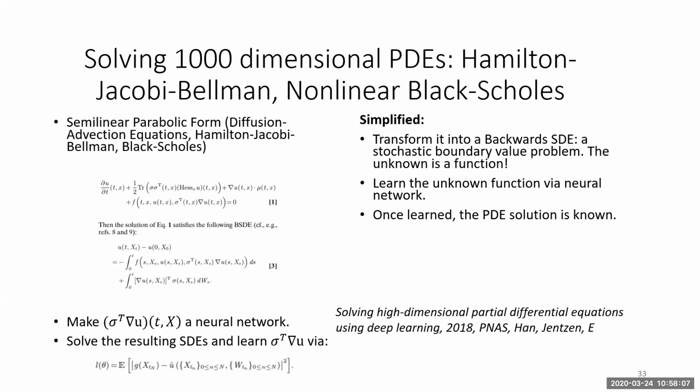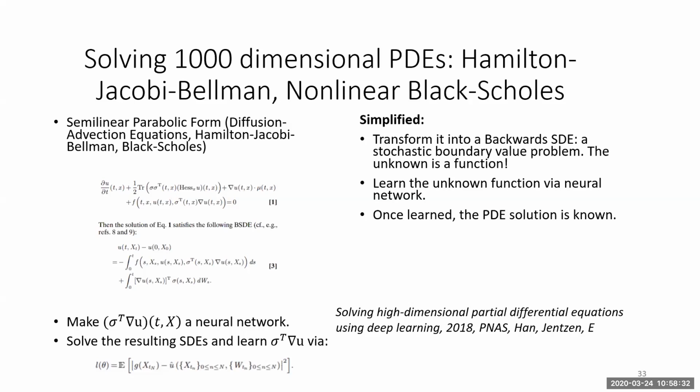The difficulty is that you might not know all of the functions inside of that backwards stochastic differential equation, but you do know when you have the correct one because you have a terminating function that tells you when it's correct. What was previously done was to use a recurrent neural network to write down this discretized form of the BSDE and approximate the missing term as a neural network.